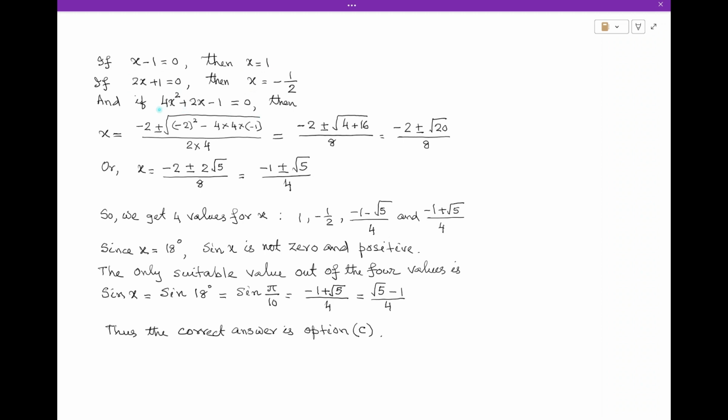If 4x squared plus 2x minus 1 is 0, then because it is a quadratic equation in x, it will give two values of x.